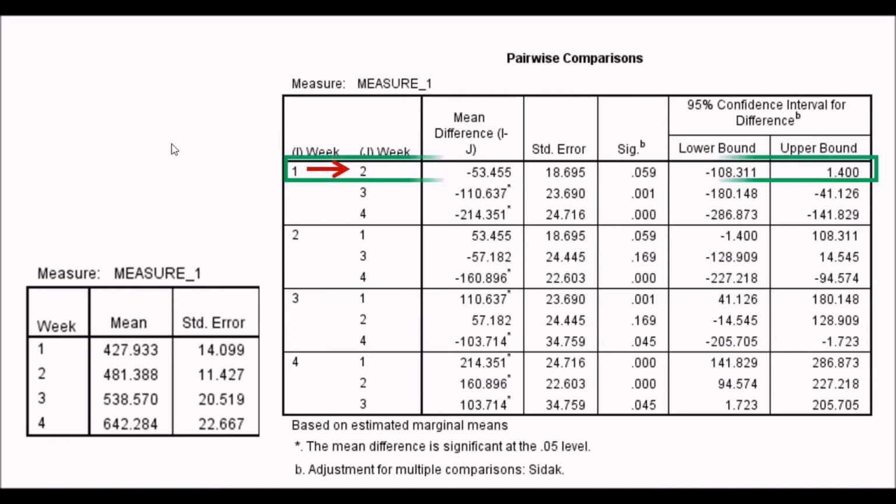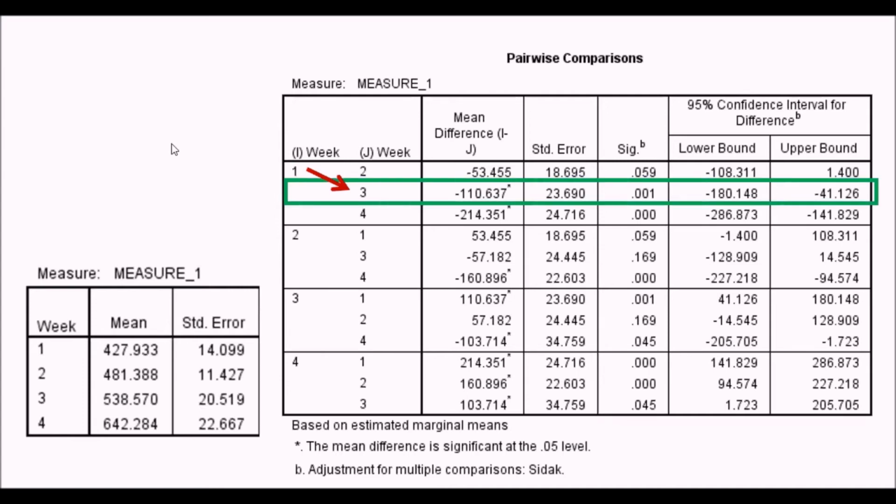And to compare these two, you'd use this row of data. If you wanted to then compare week 1 with week 3, you take week 1, but go down to the second row, week 3. Use this row of data, and this is a comparison between week 1 versus week 3.